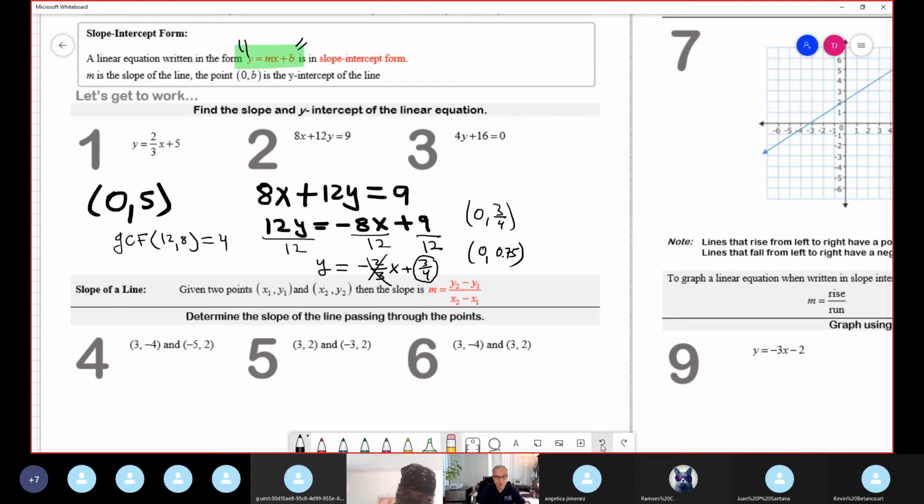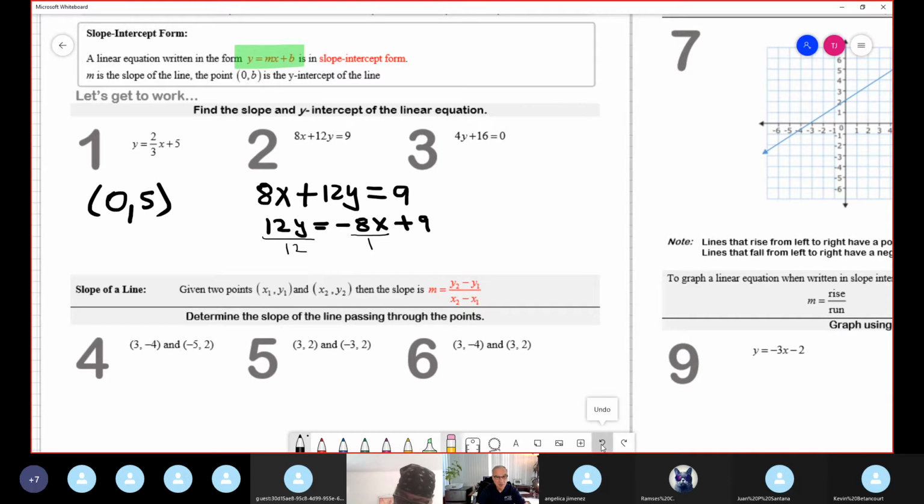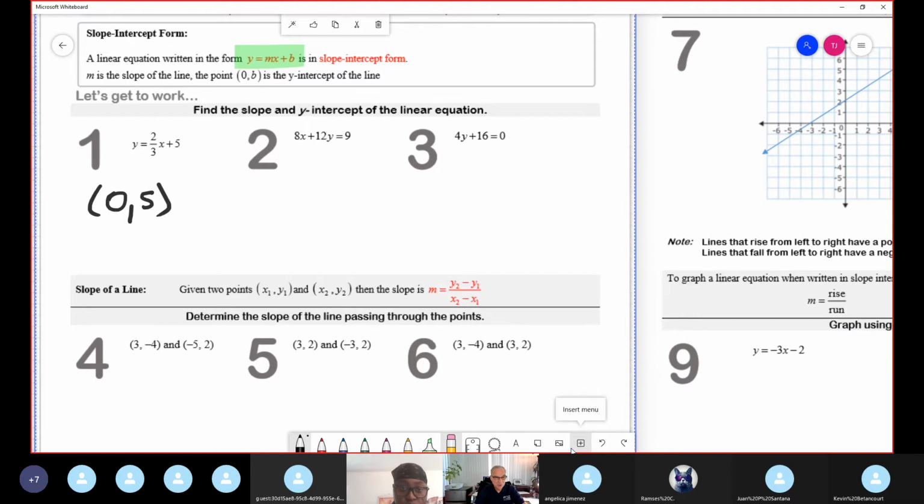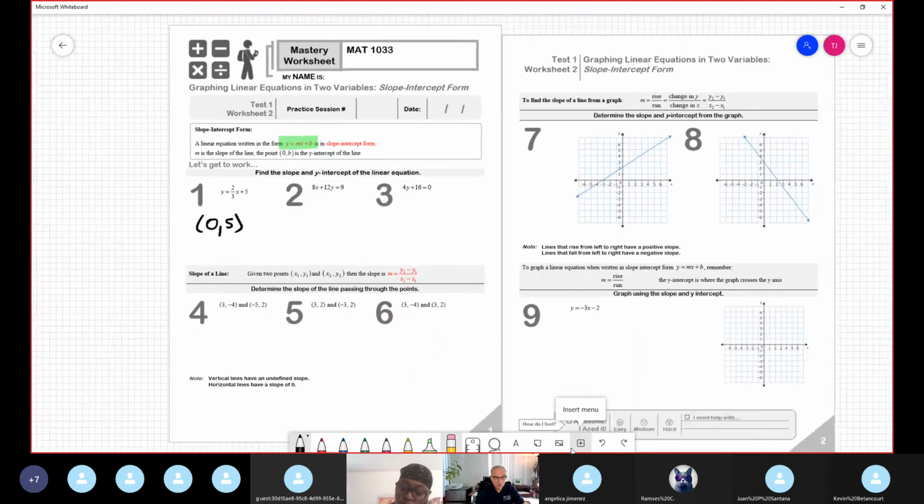The action is solve for y. So what is the solution for our problem? The solution was the famous point (0, b), and b in our example was 3 over 4. The solution is (0, 3 over 4). Let me make it small.